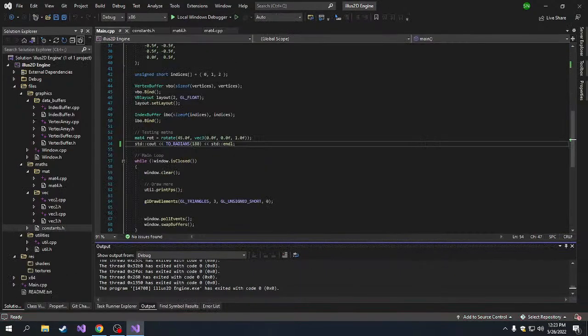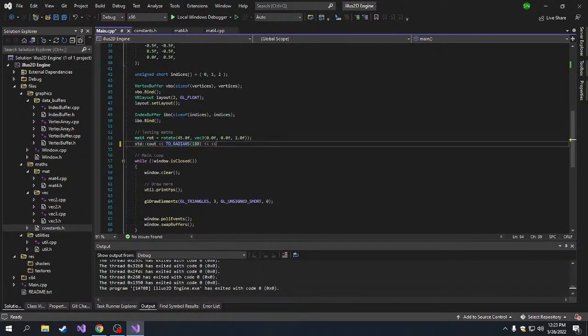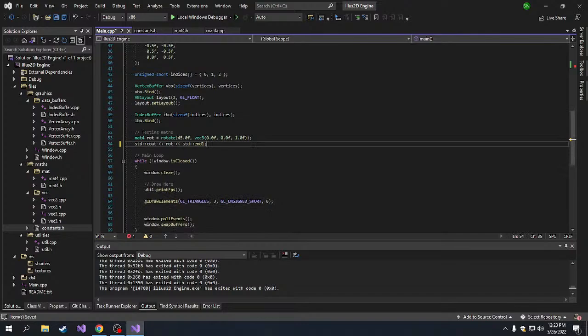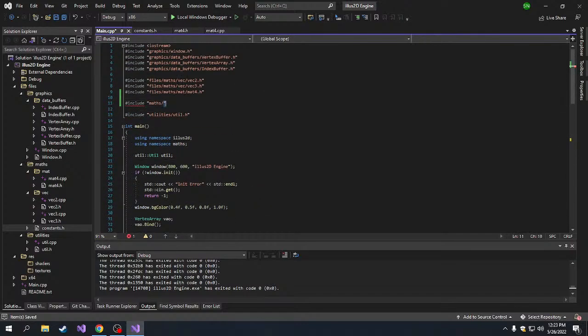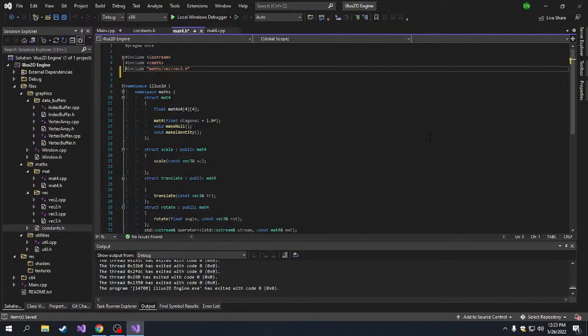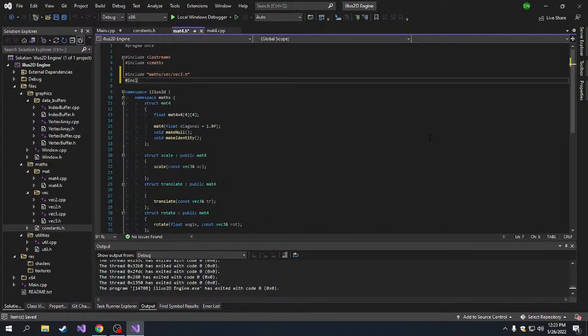Cool, so it works. Get back to my matrix. I'll include this into mat4.h. I'll include maths constants.h.